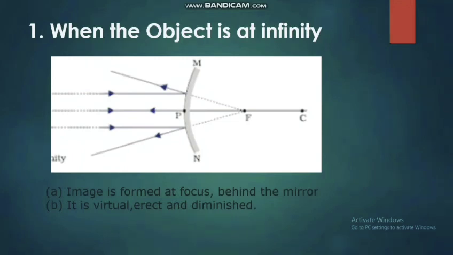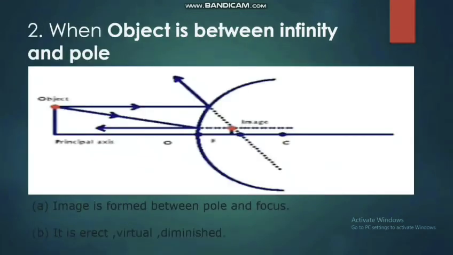One light ray goes toward the focus, another is a parallel ray of light, and one is inclined. Here they will diverge, and when the diverged rays meet behind the mirror, at the red point, they form an image, and this image will again be virtual, and you see clearly that it is diminished.